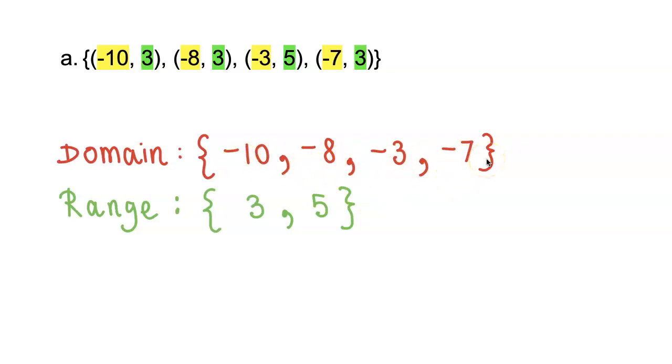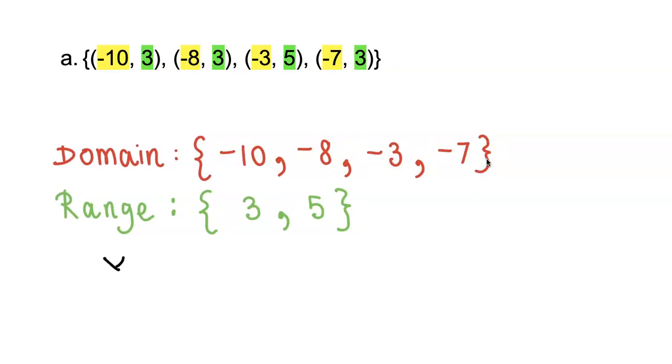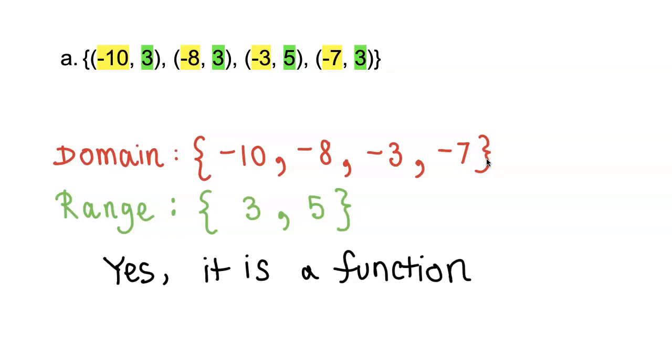Okay, so yes, this is a function, because no number in the domain is repeating. No x value is paired to two or more different y values. So we're going to say, yes, it is a function.